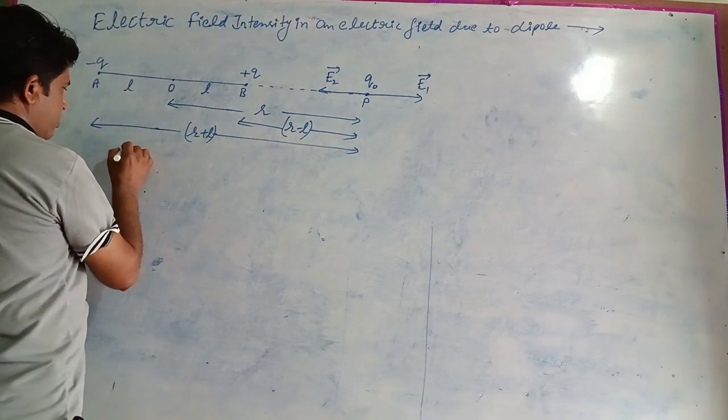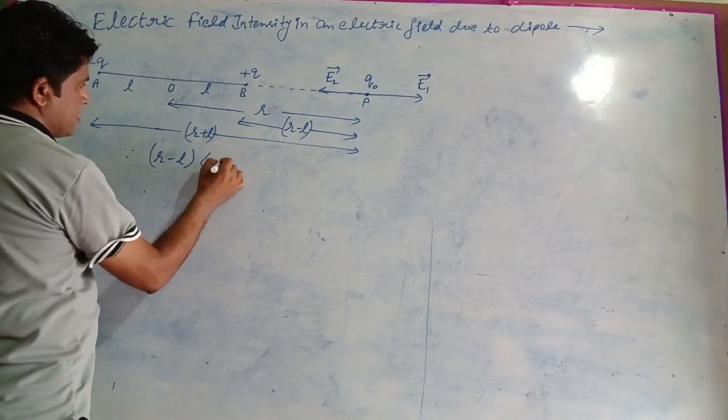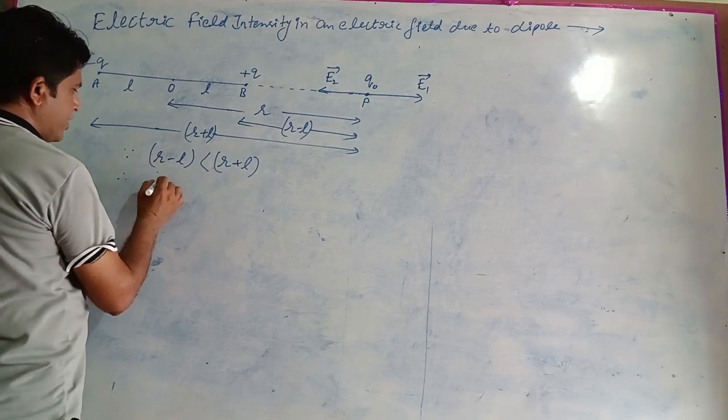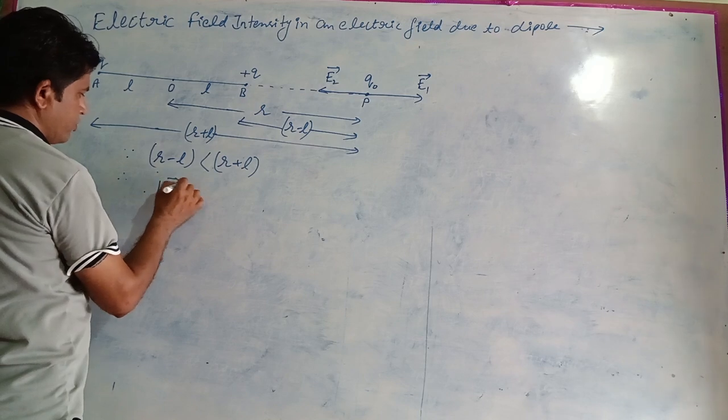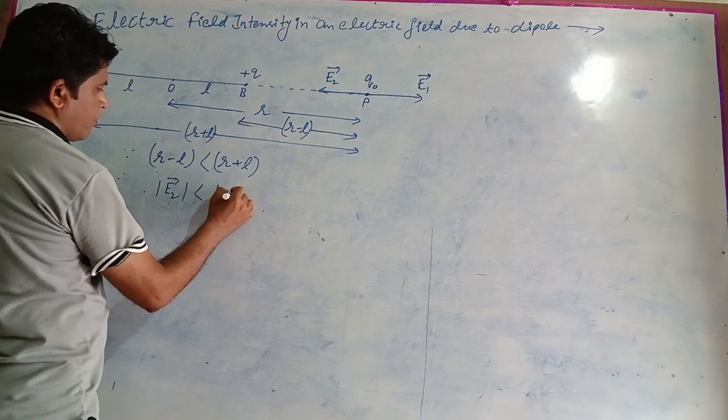Because R minus L is less than R plus L, the magnitude of E2 is less than the magnitude of E1.